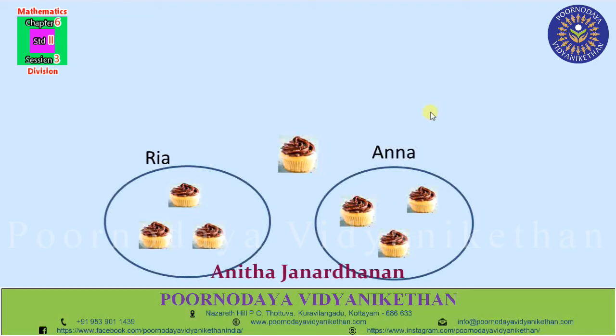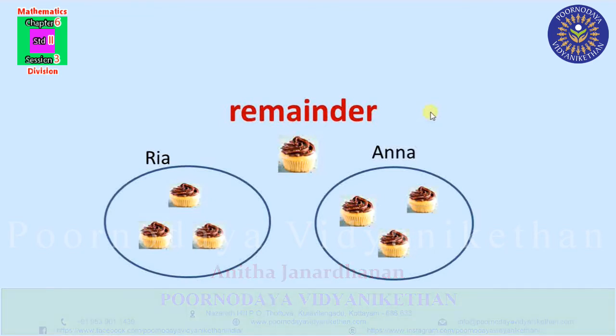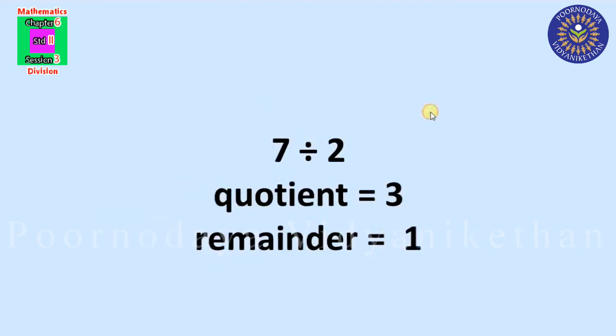This is known as the remainder. Did you understand? This we can write like this. 7 divided by 2. If we divide 7 by 2, the quotient is equal to 3 and the remainder is equal to 1. Did you understand?